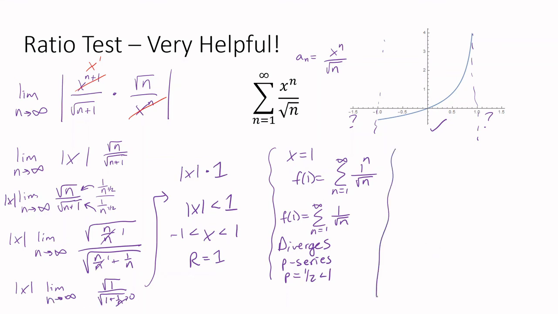All right. Well, what about x equals negative 1? Plug that in. I'm going to get negative 1 to the n over square root n. Don't forget my series. Okay, well, I look at this and I say to myself, oh, well, this is alternating. So I could try the alternating series test.